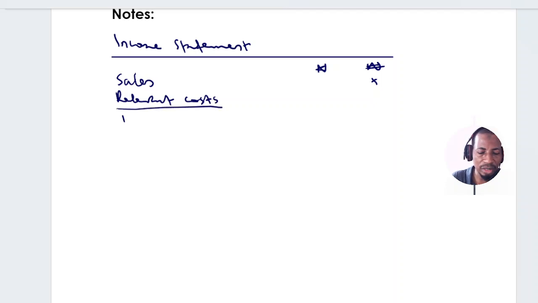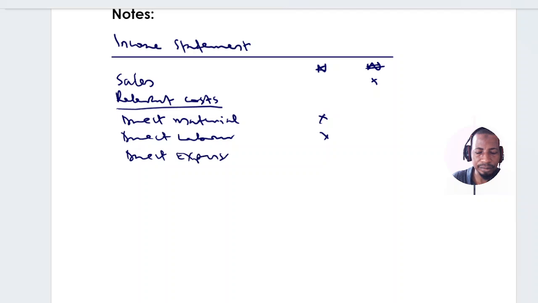The first item will be direct material. Direct labor, direct expenses, variable production overhead.